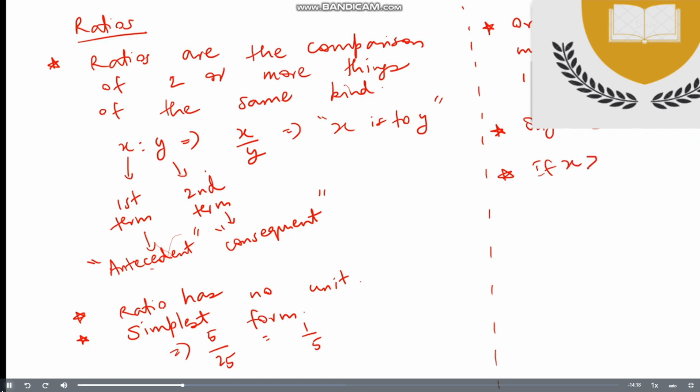Then some more things which we saw earlier: if the two terms are x and y, and if x is greater than y, then the ratio of x is to y is called a ratio of greater inequality.